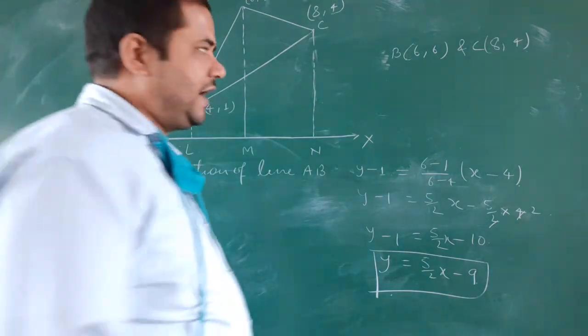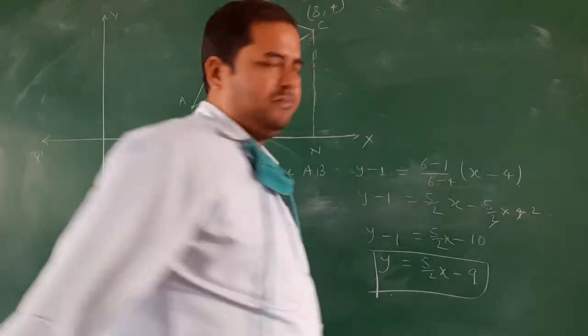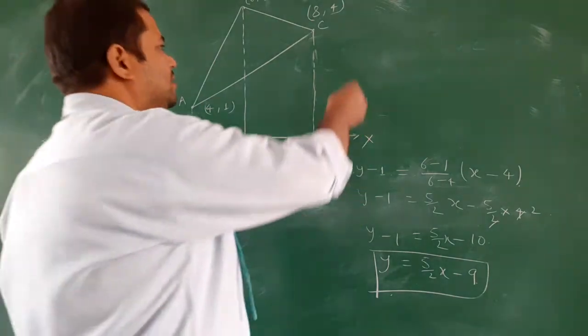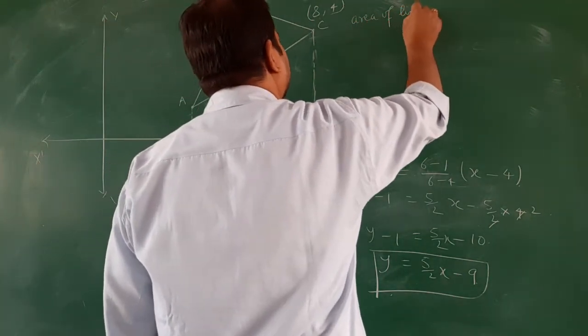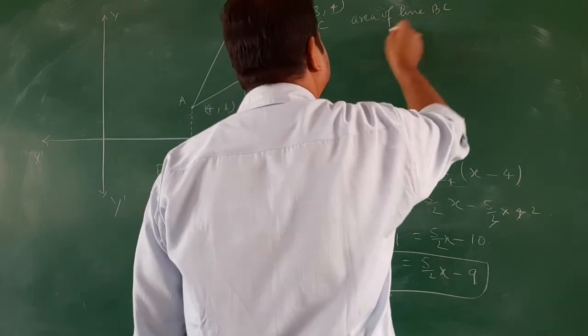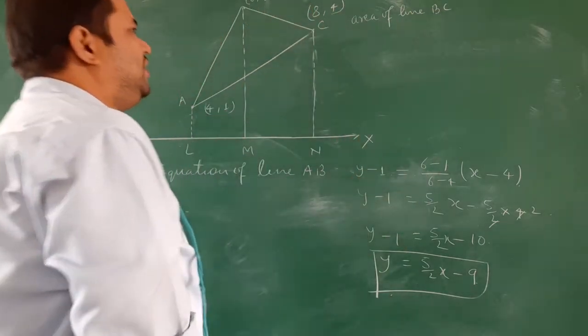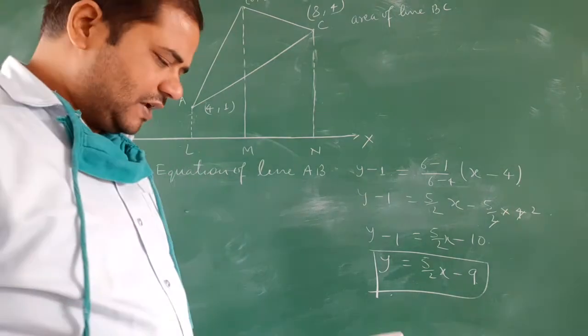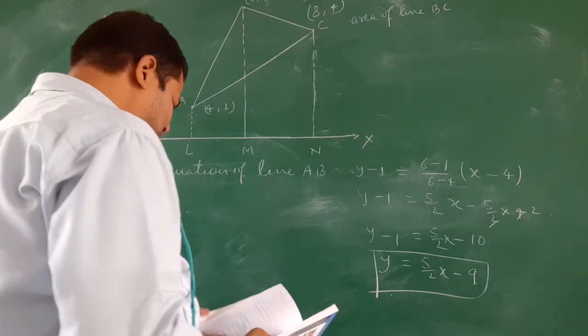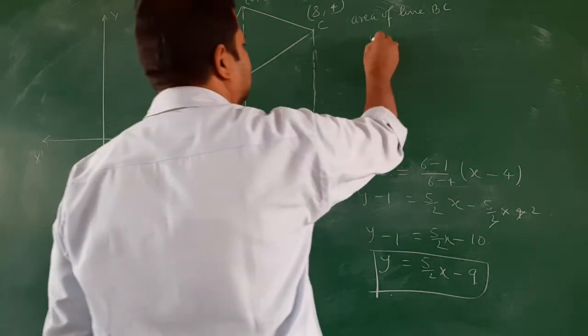Similarly, we can find the equations of lines BC and CA. The equation of line BC is y is equal to minus x plus 12.